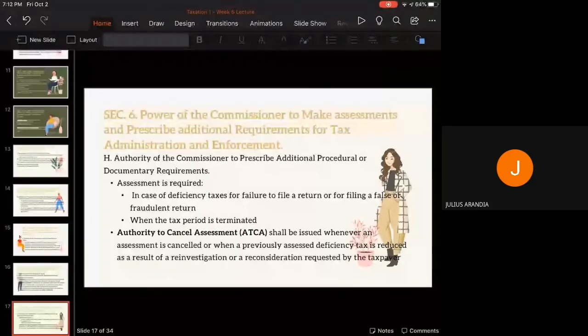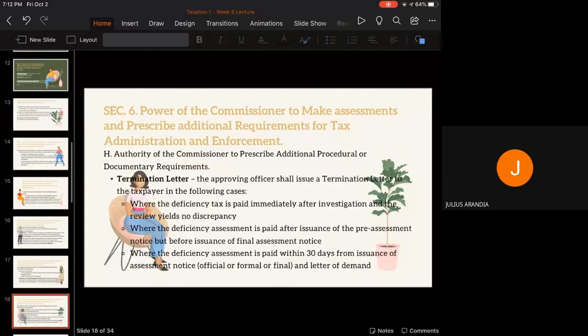Right? When we speak of authority to cancel assessment, here assessment is canceled when the previously assessed deficiency tax is reduced as a result of the reinvestigation or reconsideration requested by the taxpayer. And you have your termination letter.